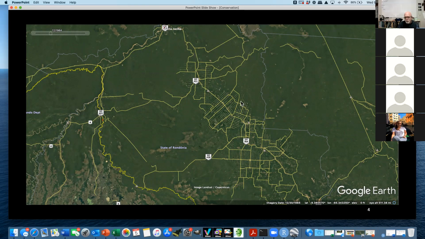And so you see these linear strips basically radiating at 90-degree angles from the roads that are in yellow here. Well, those represent secondary roads that are not mapped on Google Earth. And you can see that the deforestation that is occurring around those roads is basically removing the green, which is extant forest.